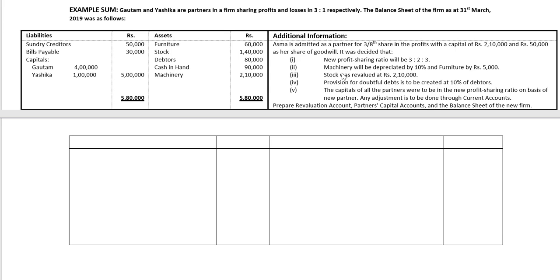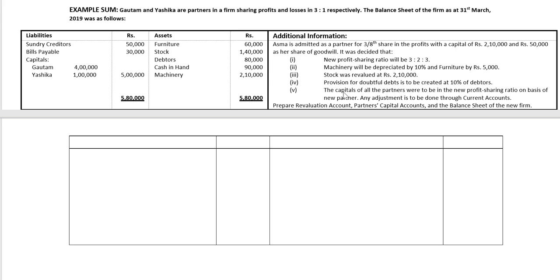It was decided that, first point, new profit sharing ratio will be 3:2:3. Second point, machinery will be depreciated by 10% and furniture by rupees 5,000. Third point, stock was revalued at rupees 2,10,000.